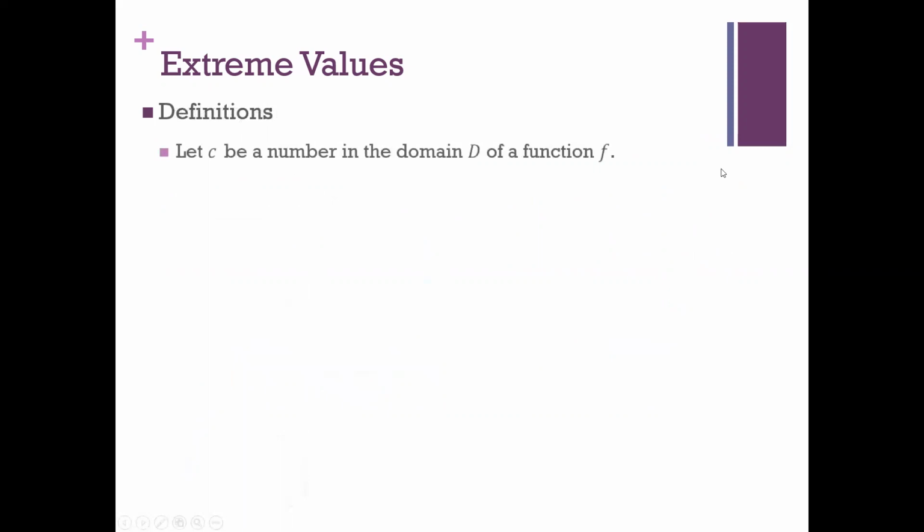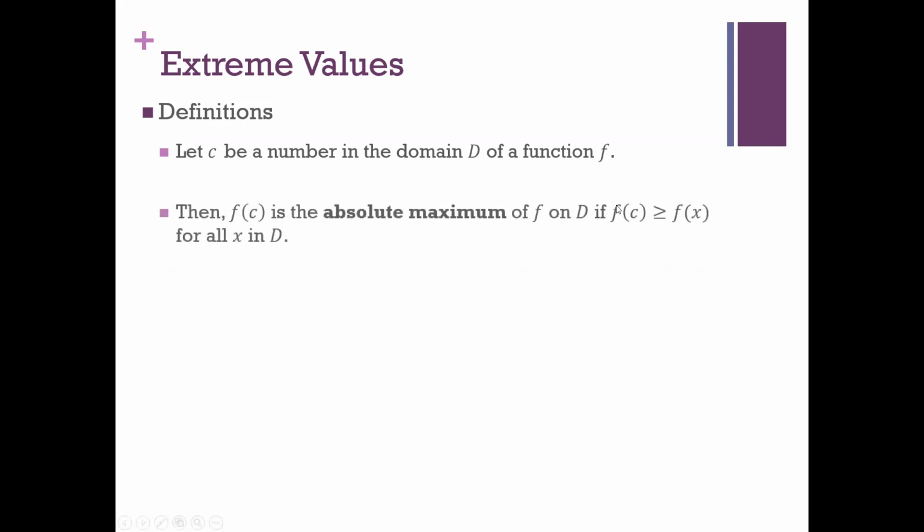Right, so definition. If I let C be some X value in the domain of a function, some input value, then f of C is the absolute maximum if f of C is greater than or equal to f of X for all the X in that domain.